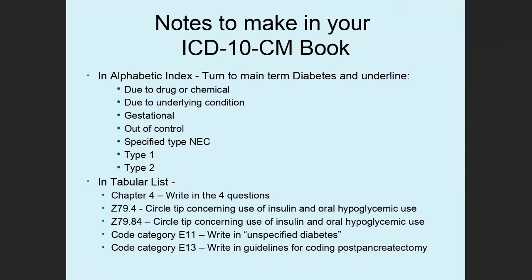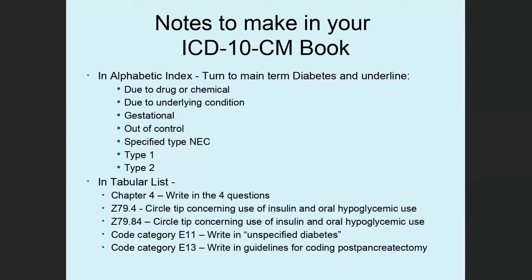So what about in the tabular list? At the beginning of chapter 4, you can write in the 4 questions that we talked about. What type of diabetes, what complications are there, etc. You can write those in to help you go through the process. Under Z79.4, there's a tip under the code about using insulin and oral hypoglycemic drugs. Under Z79.84, there's a tip concerning insulin and oral hypoglycemic drugs.